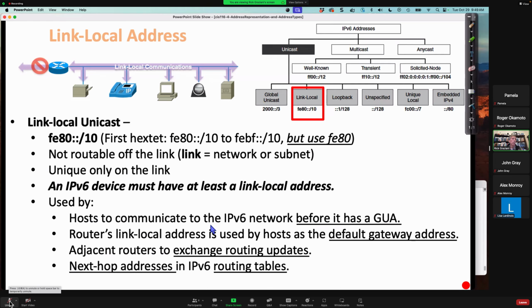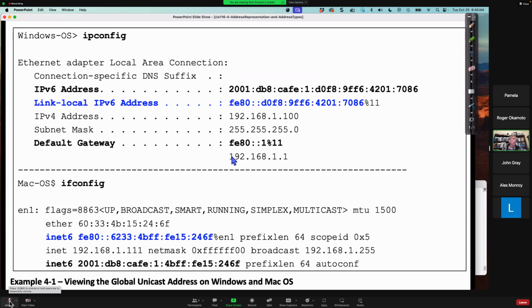Okay. So we'll see that it's used, and I'll show some examples of this, even though we don't have to know routing yet. But let me show you this. A lot of times when you do ipconfig, you may not get an IPv6 address like it says here, because you may not be running IPv6 on your network.